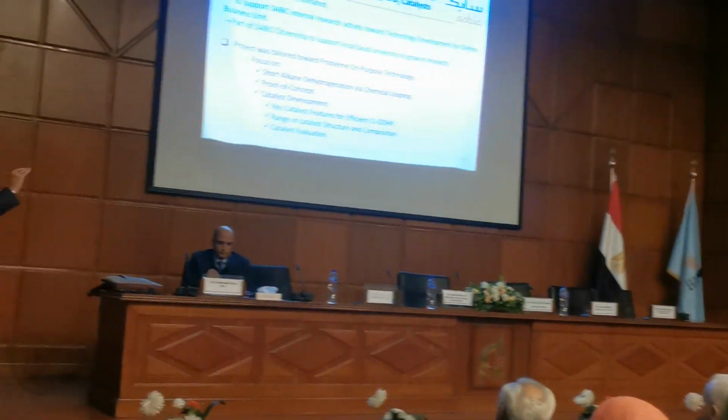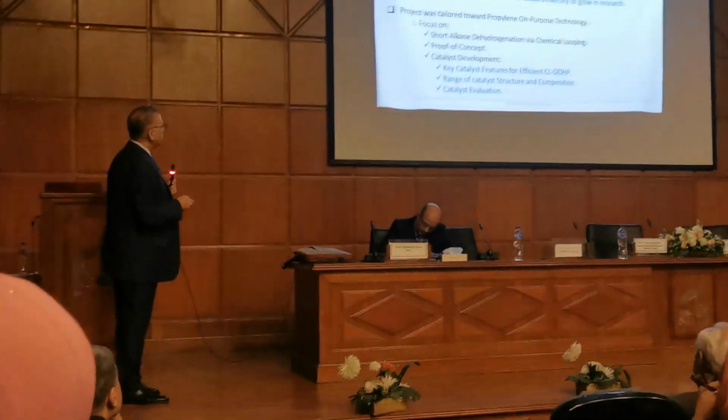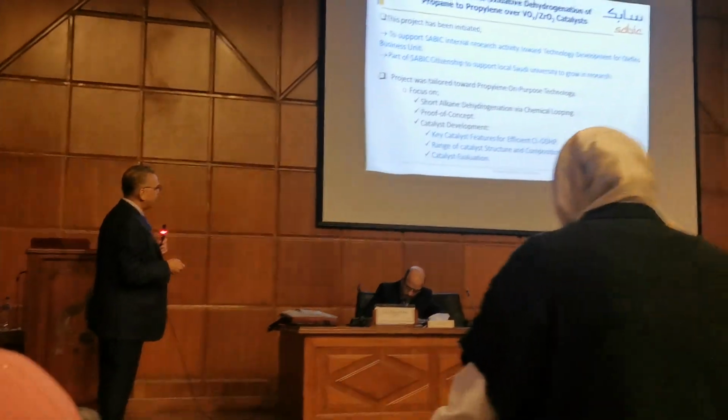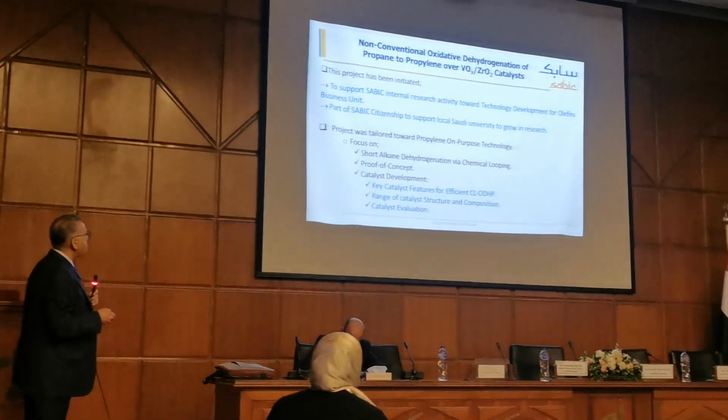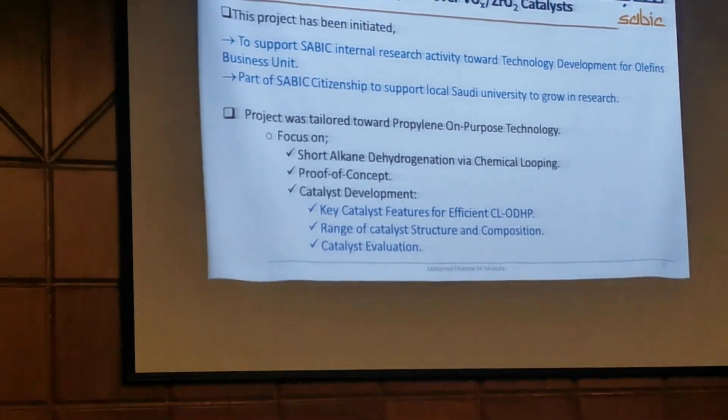We have to find another way to prepare important products for the industry. So here, I would like to talk about short alkane dehydrogenation via the chemical looping process, to prove the concept and to do catalyst development.